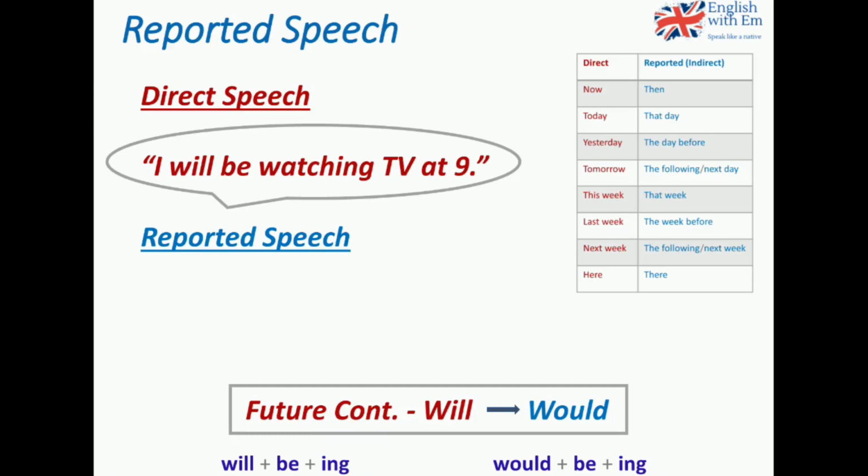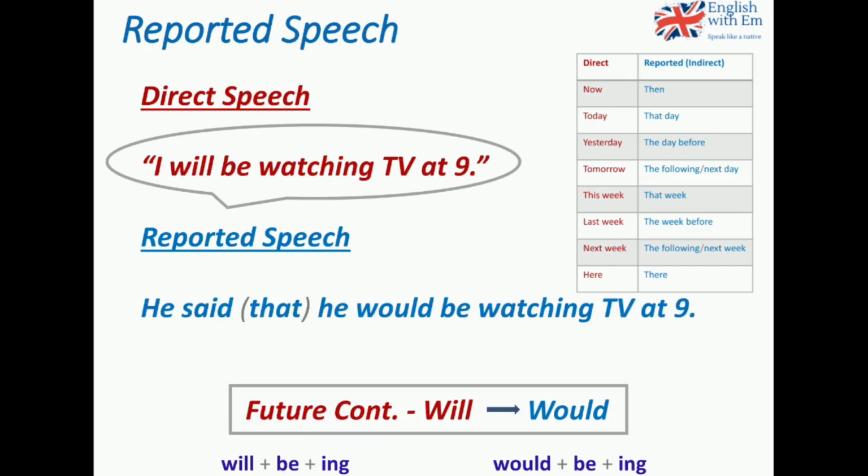So you can think of would as a past form of will, really. And in that sense, we're still backshifting. He said he would be watching TV at 9. So I becomes he, and will be watching becomes would be watching.